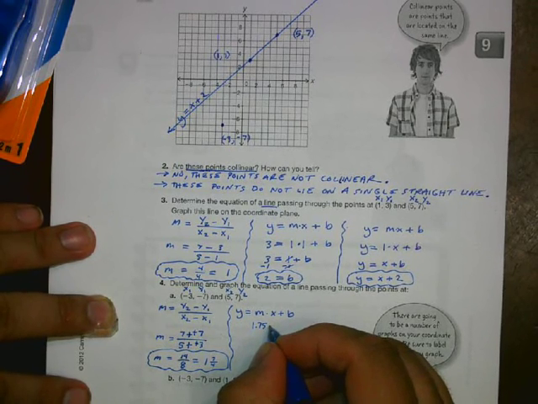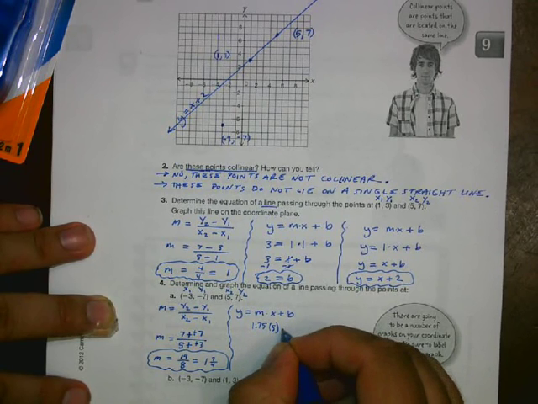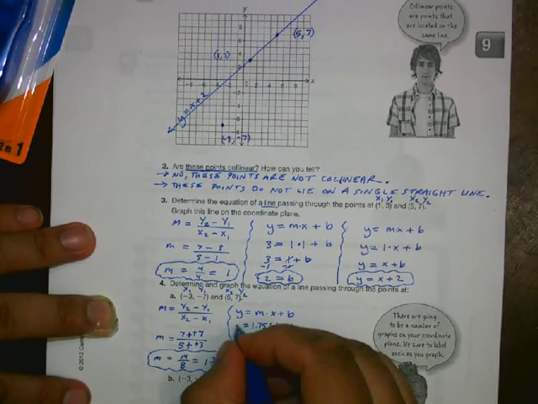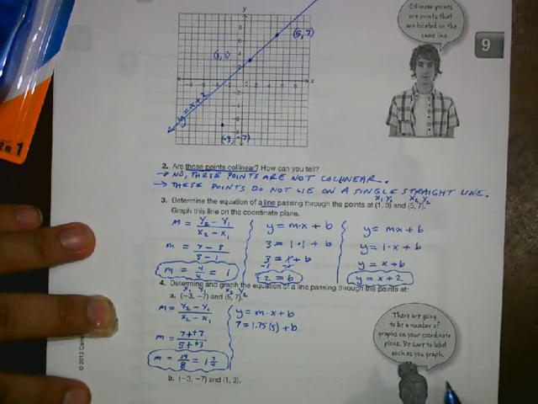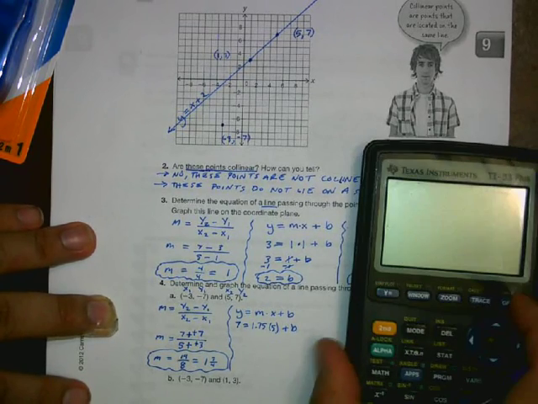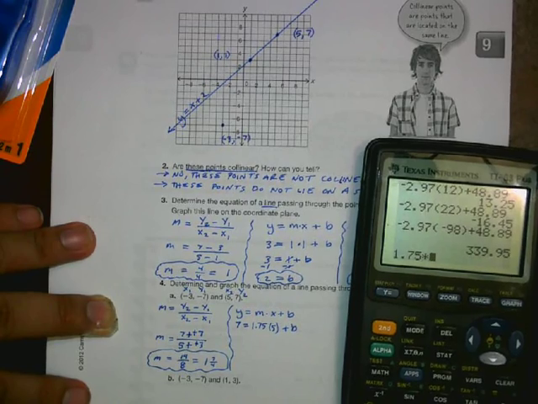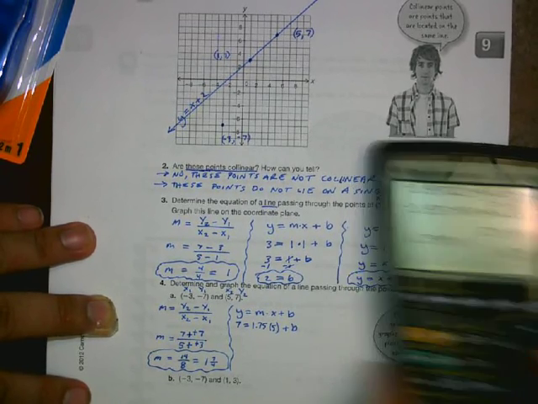I'm going to go ahead with the 5 plus b. And then we've got to go with that 7 there. I'm going to go ahead and use a calculator on this one. 8.75.